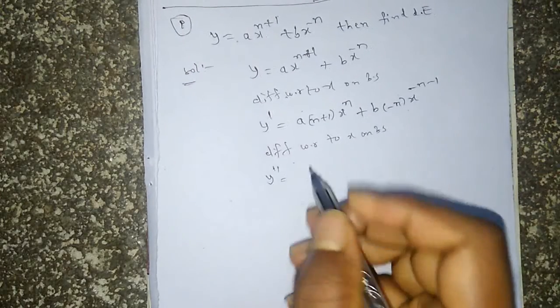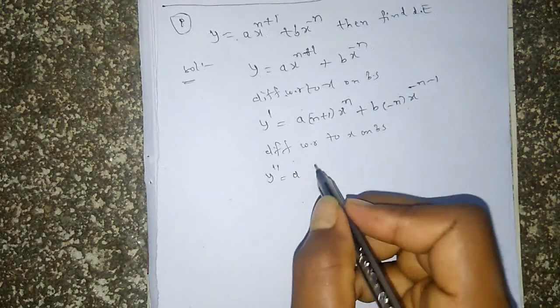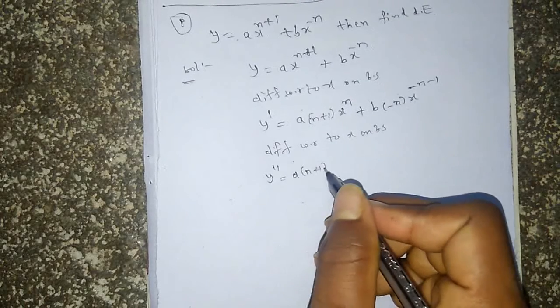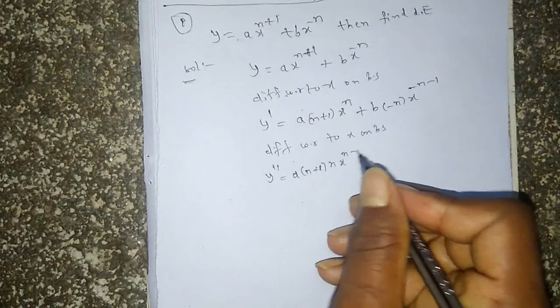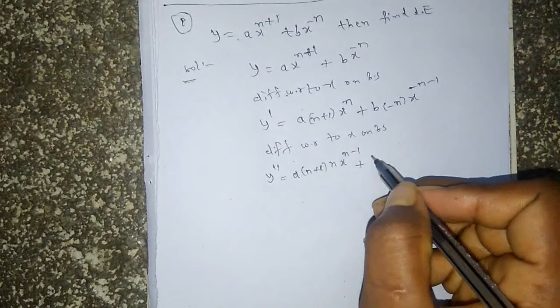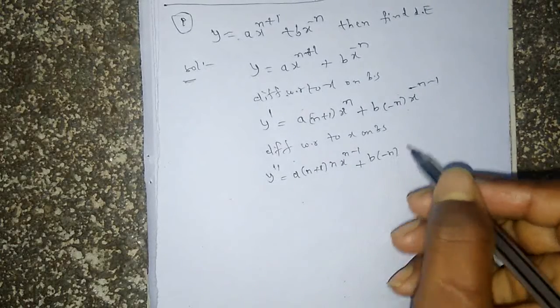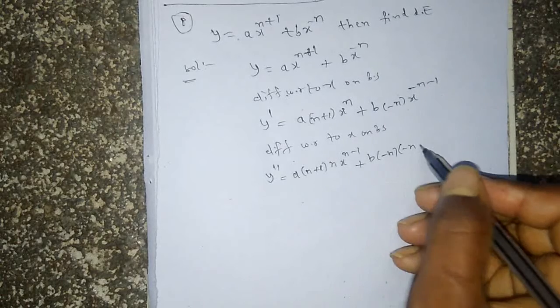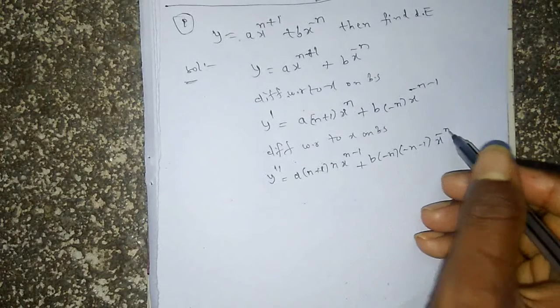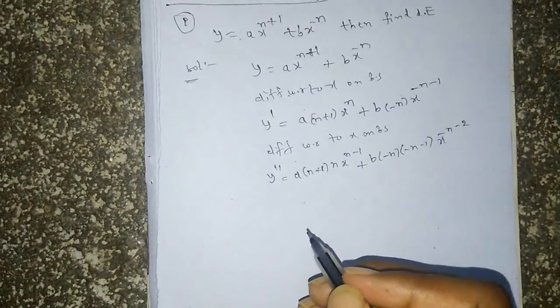Derivative of y dash is y double dash. This is a into n into n plus 1 into x power n minus 1, plus b into minus n into minus n minus 1 into x power minus n minus 2.